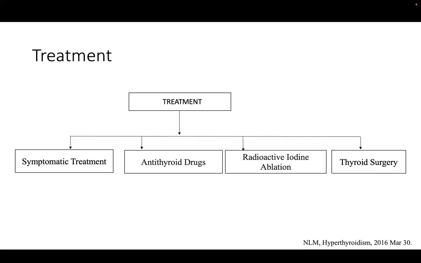Gamma rays have a diagnostic effect, and beta rays have a therapeutic effect in terms of causing local tissue destruction. Indications include patients who have toxic multinodular goiter or toxic adenoma, and the scintigraphy or radioactive scan is showing a high uptake.